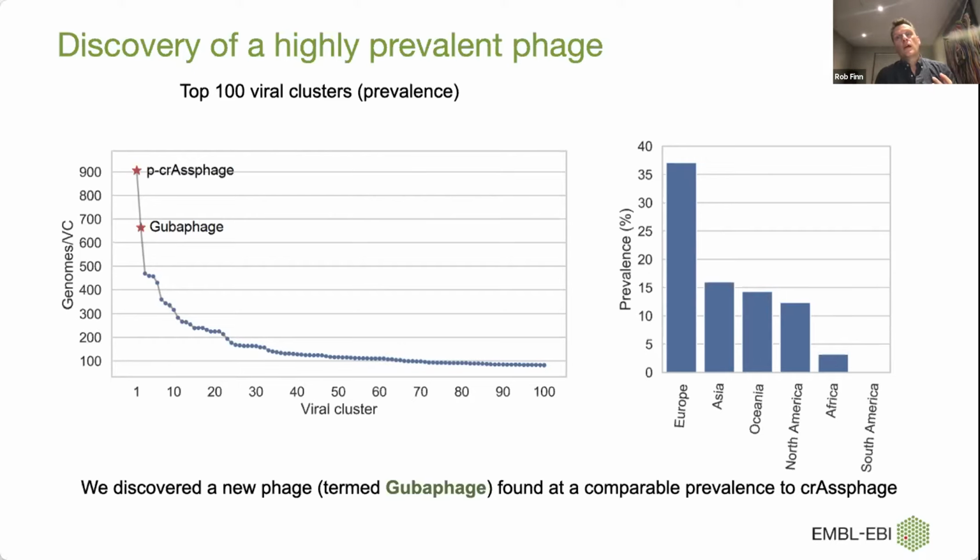So actually North America seems to be depleted in the Gubaphage, and for the rest of the world, it corresponds to roughly the numbers of metagenomes that went into that analysis. But the take-home message is that this phage is highly prevalent. It's in the human gut, which has been relatively well studied, but nobody's noticed it before.